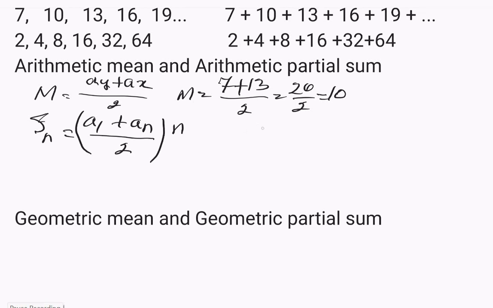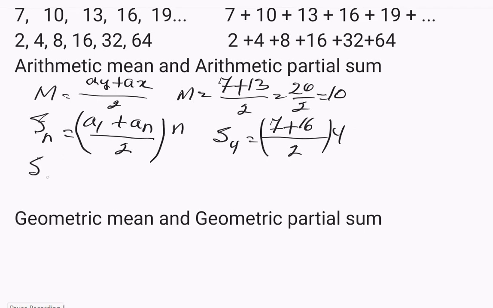Let's say you want the first 4 terms, starting with 7 and ending with 16. So a sub 1 is 7, a sub 4 is 16, divided by 2 times 4.